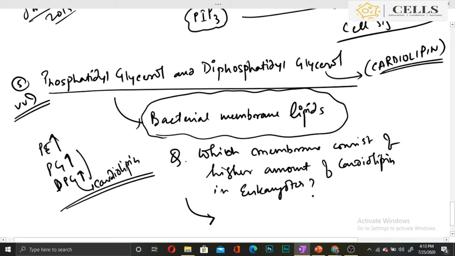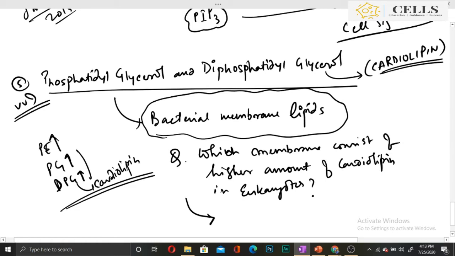Because I have explained that the composition of the bacterial membrane is exactly the same as that present in the inner membrane of your mitochondria. Yes, I am going to repeat it. See this very carefully.